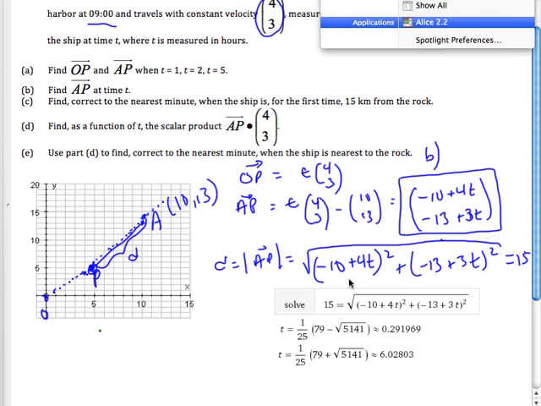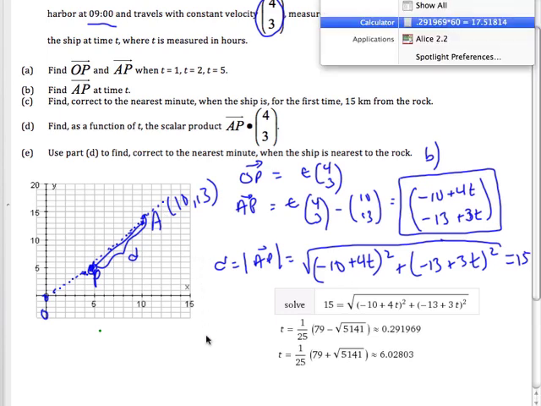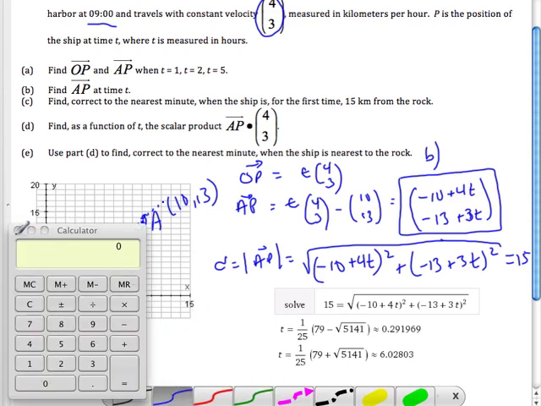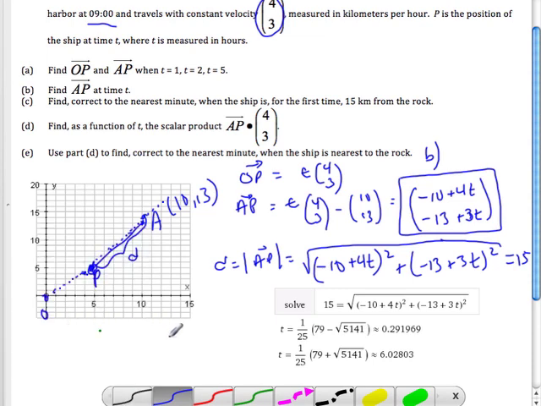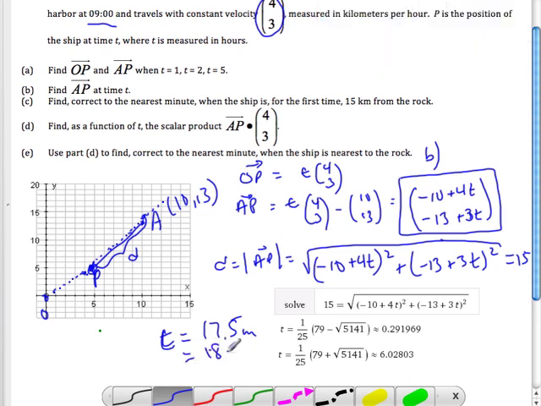So I take 0.291969 times 60, which is 17.5. So the time is 17.5 minutes to the nearest minute, which is 18 minutes. If it's after 9 o'clock, this is at 9:18. So it's not actually going to hit the rock. It's going to pass by something like this. Here's one time it's 15 kilometers away, and then another time it's 15 kilometers away.